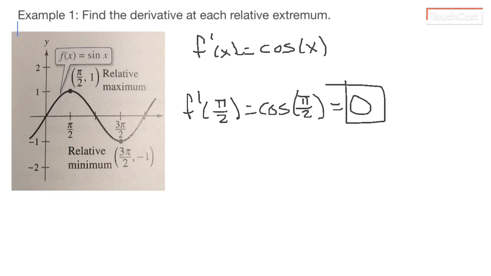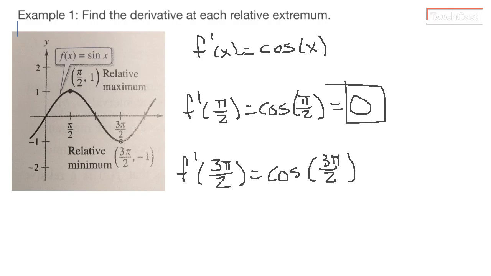We also have to find f prime at 3 pi over 2, which means we need to find cosine of 3 pi over 2. Which again, if we use our unit circle or just use a calculator, we're going to find that the value is 0.